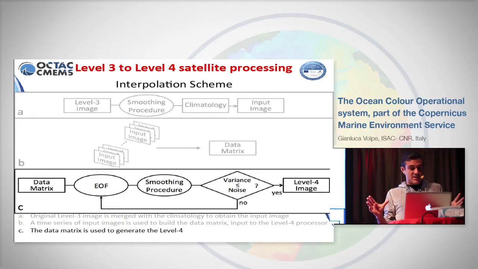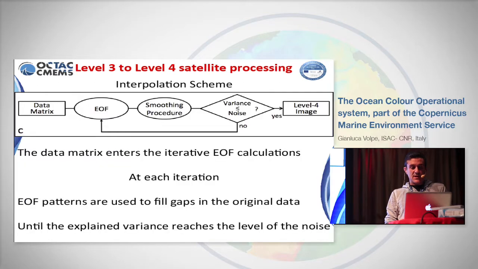So this data matrix is given to the level 4 processor and is used to generate the level 4. The data matrix enters the iterative EOF calculations, and at each iteration, the EOF patterns are used to fill the gaps in the original observations until the variance explained by the current mode reaches the level of the noise.